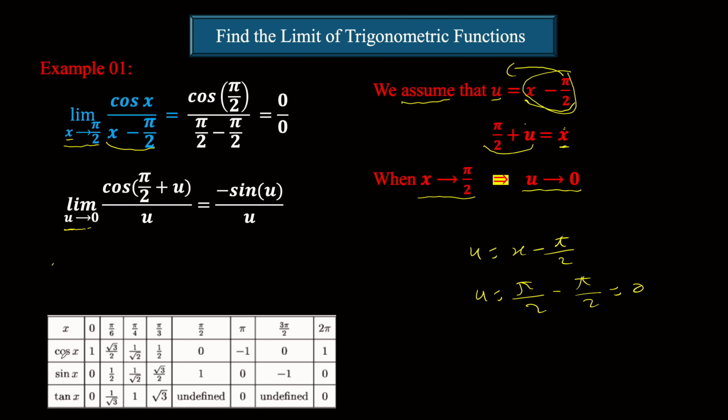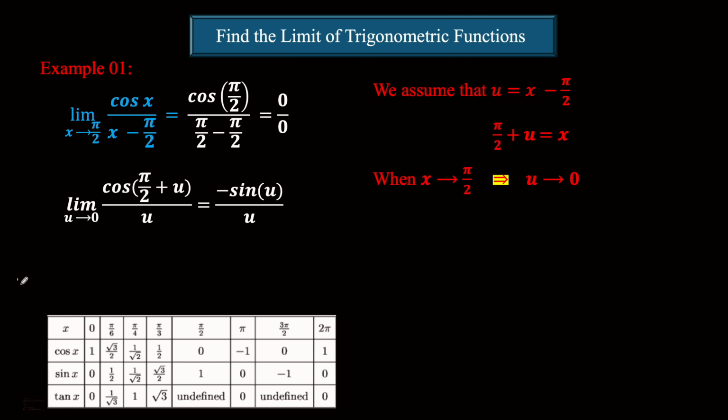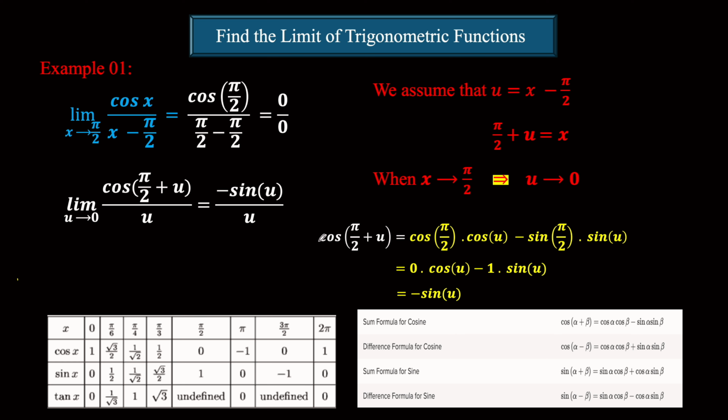Then what we will do is, we have this table. You should use it in general while dealing with this type of equations. So we have to follow this: cosine of pi over 2 plus u. We are in this case here.